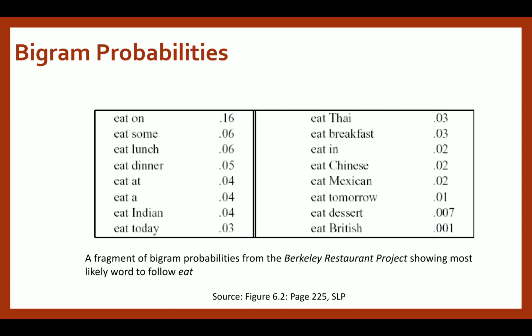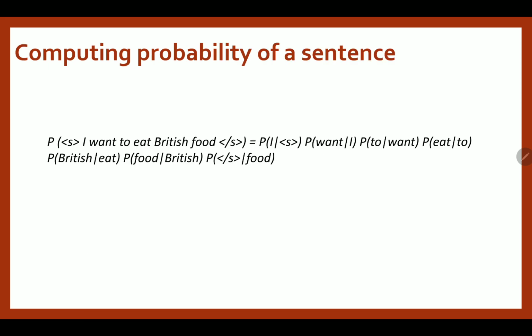I have taken it from the Jurafsky book, I'm not sure whether it's from the third edition or the second edition. The idea here is that these are the bigrams in a particular corpus, and this table shows the bigram probabilities.